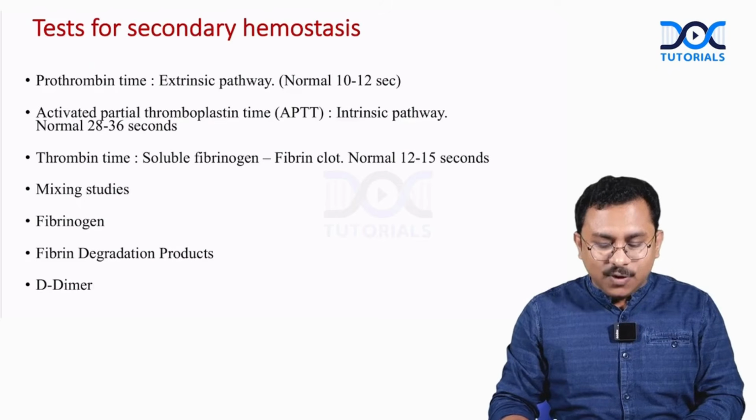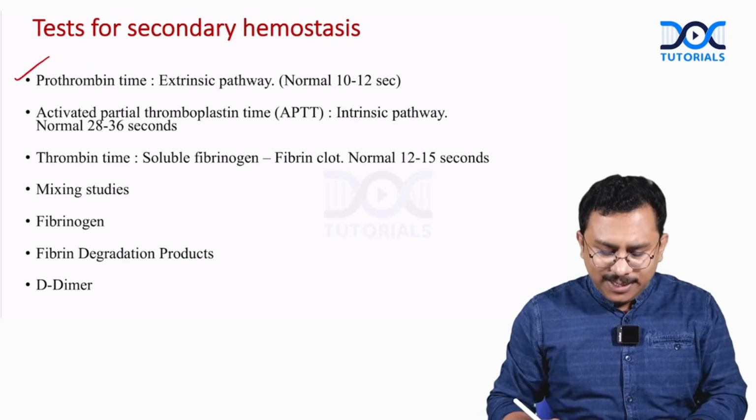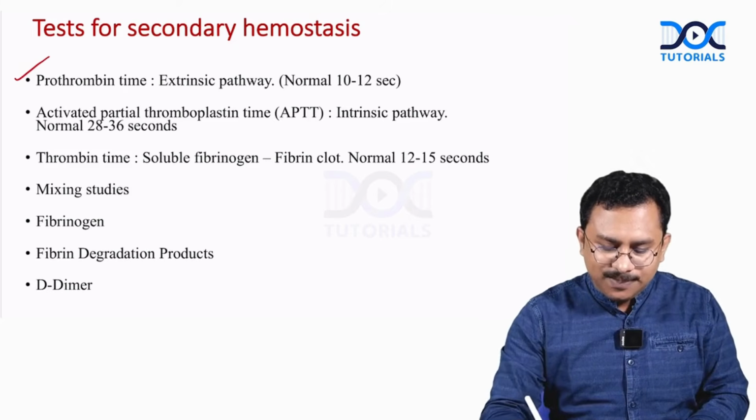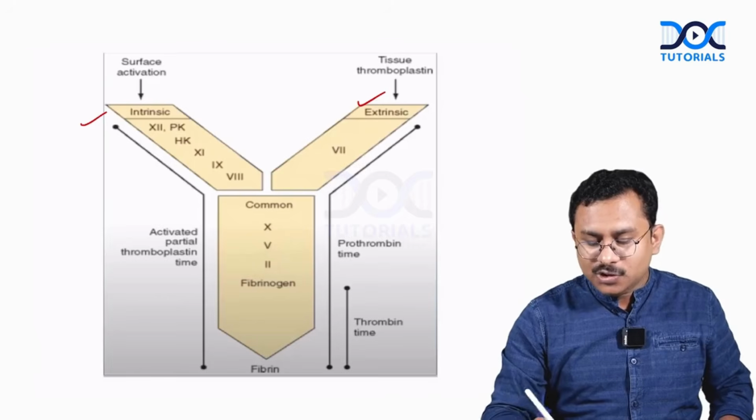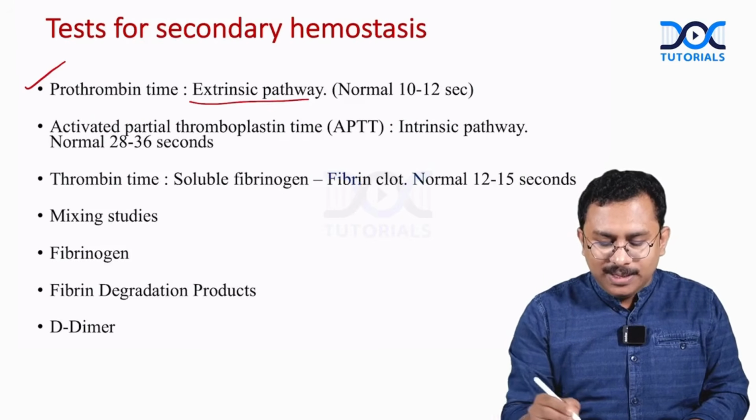What about the test for secondary hemostasis? You have got the prothrombin time. So if you look at this, you've got here the extrinsic pathway, intrinsic pathway. So in extrinsic pathway, the assessment is the prothrombin time.